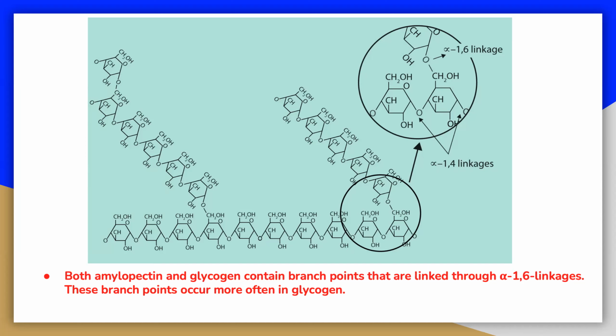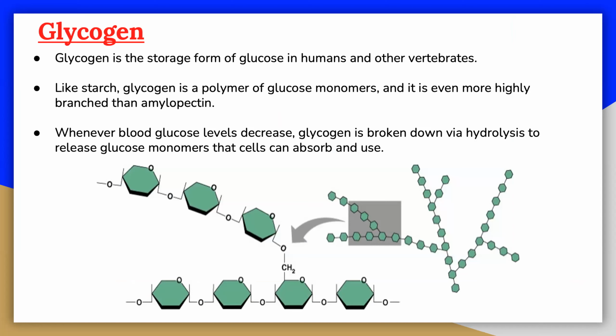Again, plants, which have a lower need for quick release of glucose than animals, get by with less branching and fewer ends. Glycogen is analogous to starch and is sometimes referred to as animal starch, having a similar structure to amylopectin, but more extensively branched and compact than starch.